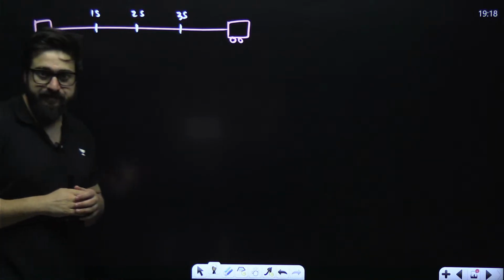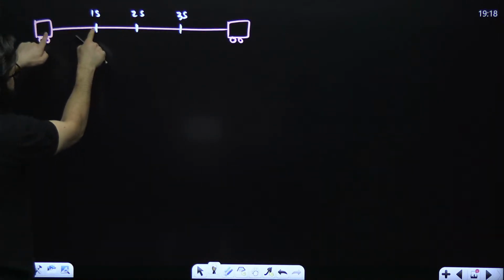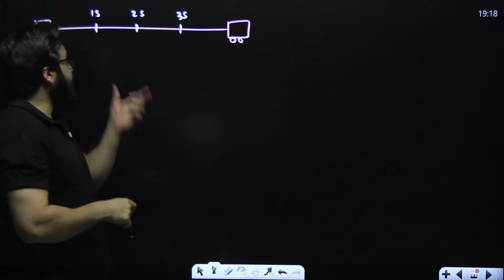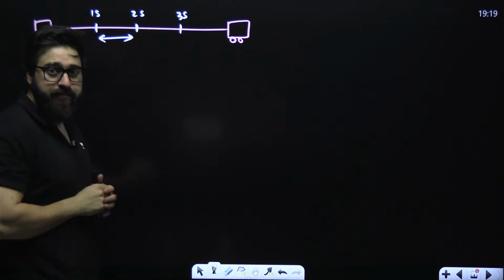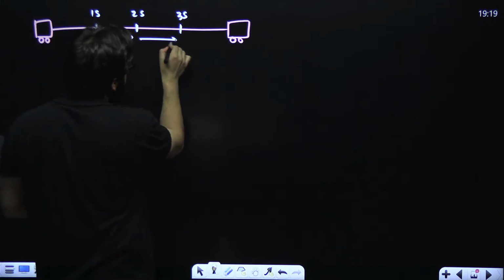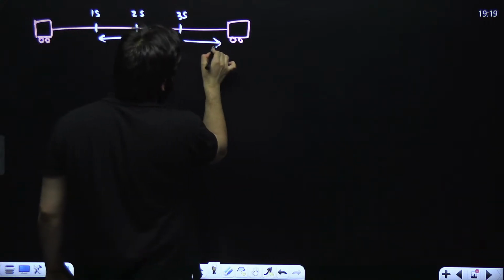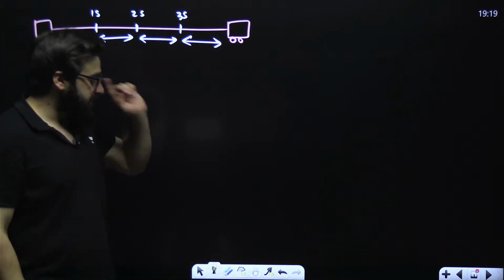Can I say this is the displacement of the car in the first second? Can I say this is the displacement in the second second? In the 3rd second? In the 4th second? So we have to find this displacement.